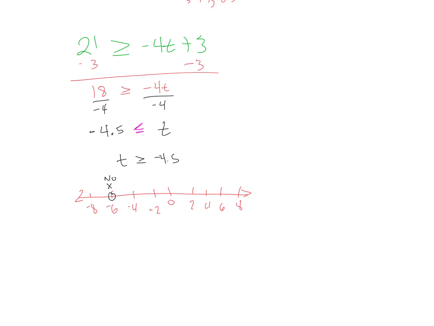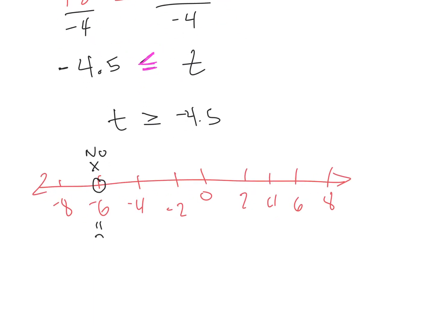No. Frowny face. But we are saying that any number greater than or equal to -4.5. So here's -5. -4.5 is right here. Any number greater than that would work. All numbers bigger than -4.5 would work.